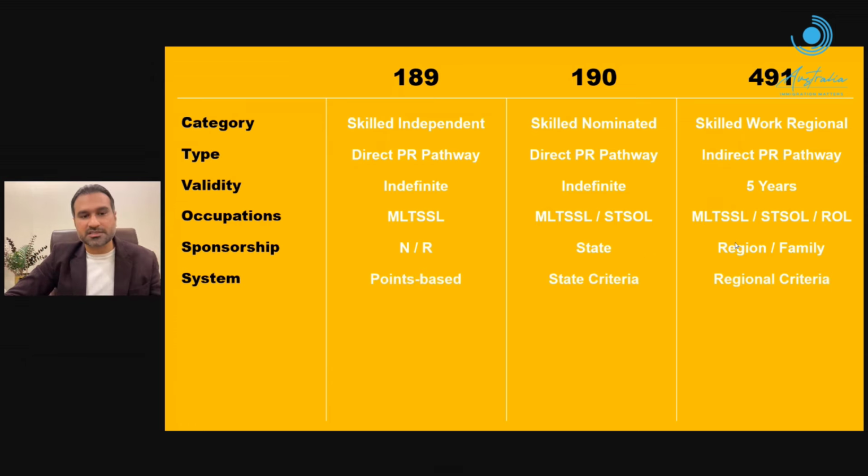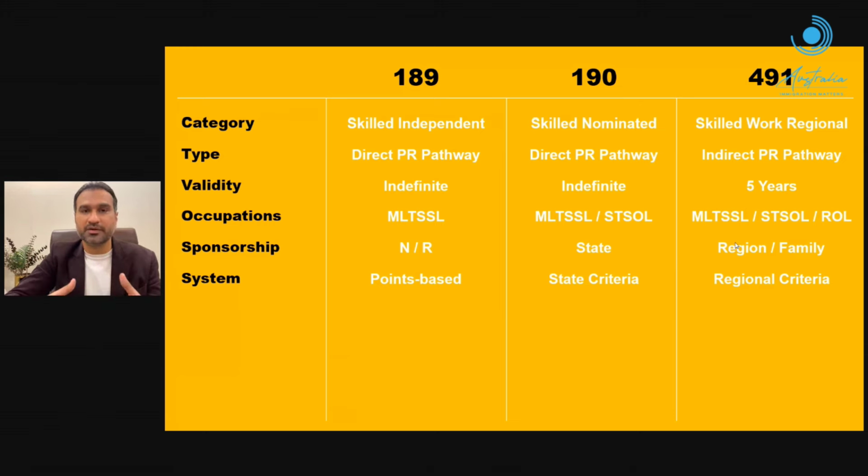Now let's talk about the system. 189 works purely on the points tested system, or points based system, whereas for 190 the state's preferences and criteria also work. Whereas for 491, the regional criteria plays its role. Now it's important to understand that although the points based system is being used for the EOI based SkillSelect system, also for 190 and 491, the state's own preferences and criteria are getting more important these days.